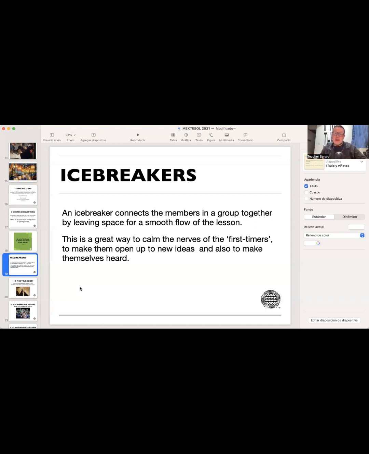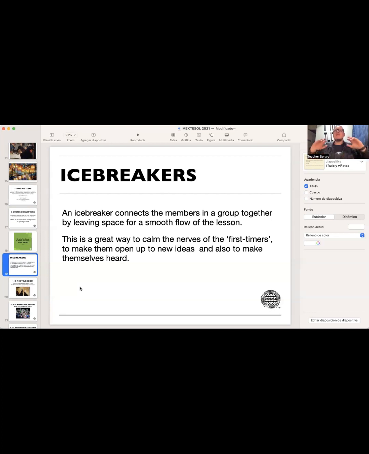So an icebreaker is a very good idea in different situations. For example, if you don't know a group, or if this is a first class, it is a perfect idea to start with an icebreaker, because this way you will calm the nerves of your students. You will make them open up to new ideas.